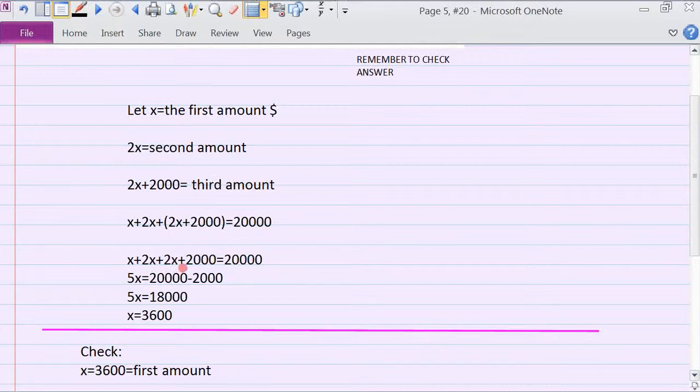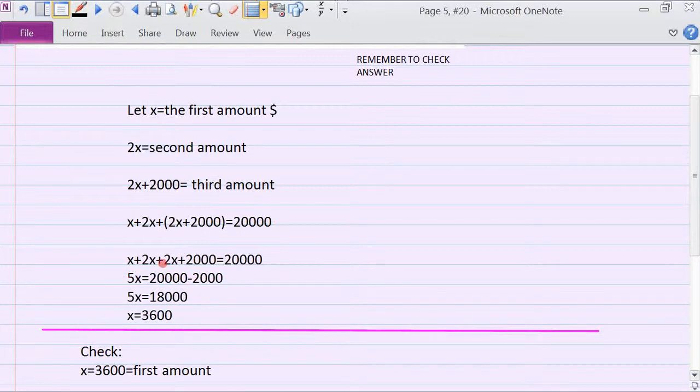Now what I do is I move this plus 2,000 from the left to the right, and I get minus 2,000. So the plus 2,000, which is a number, I want to move it from the left side to the right side, and I change the sign. That's the only change I have to make here.